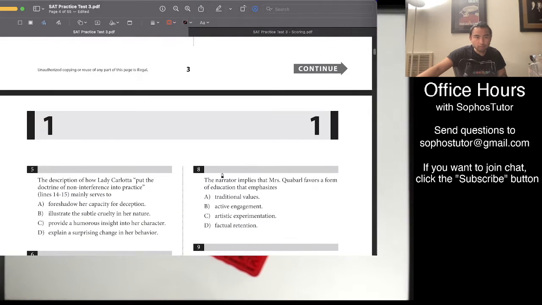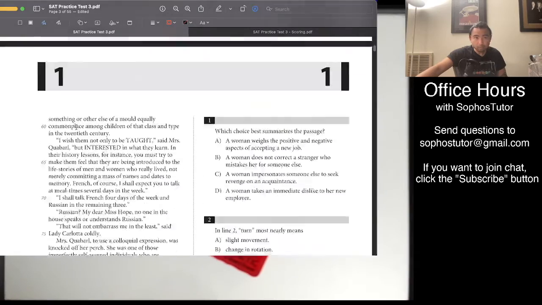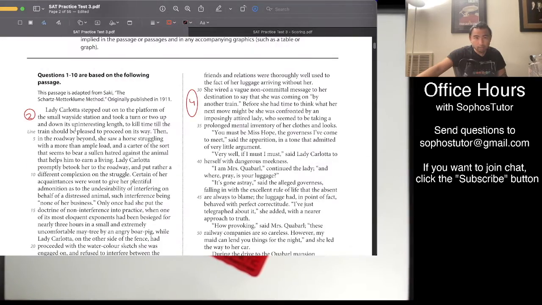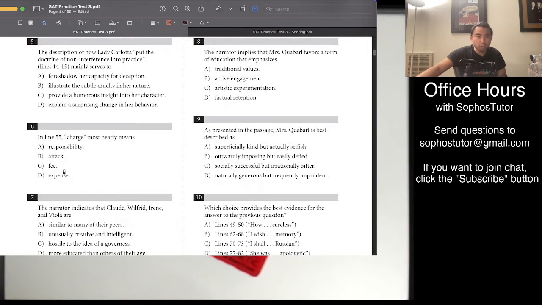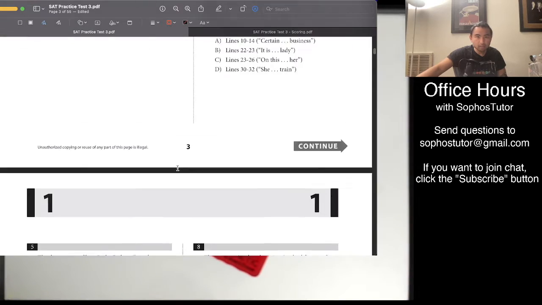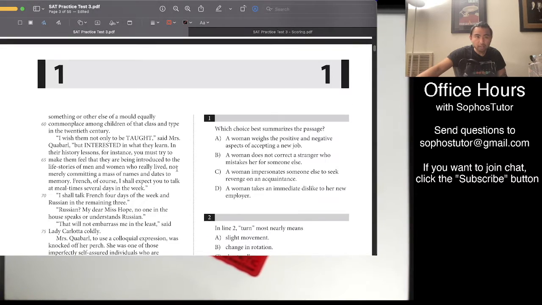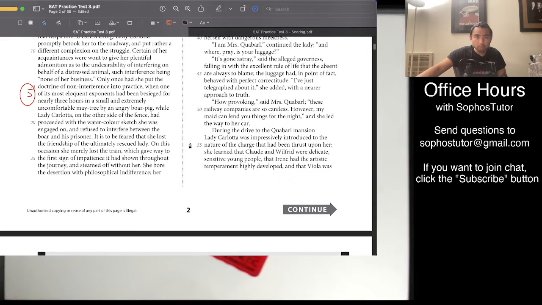The next line reference, question 5. Lines 14 to 15. So I look at 15. And on line 15, I'm going to write the number 5. Now see question 6, line 55. So line 55, number 6.